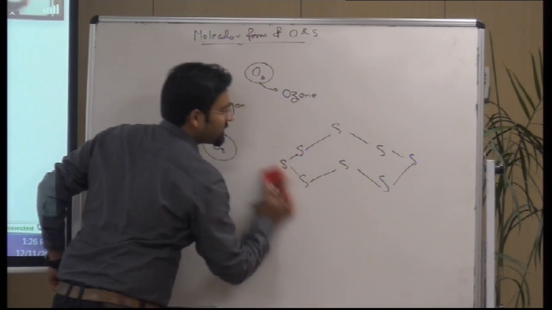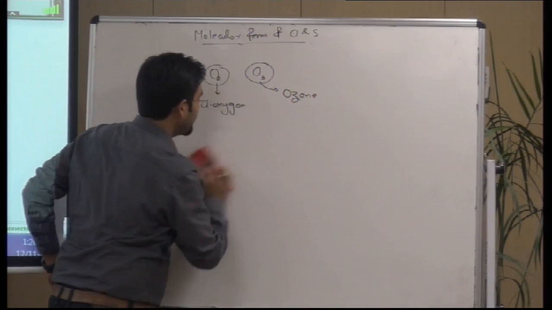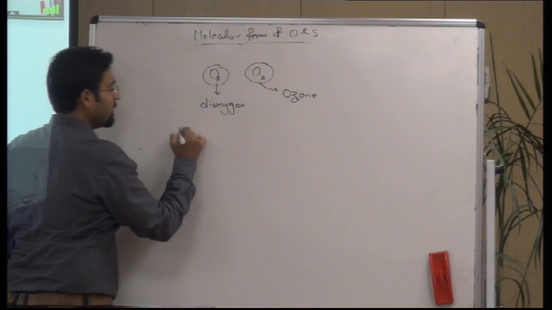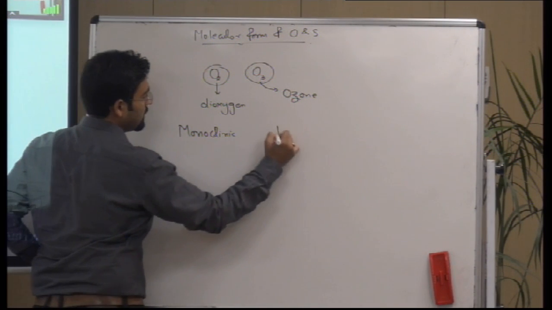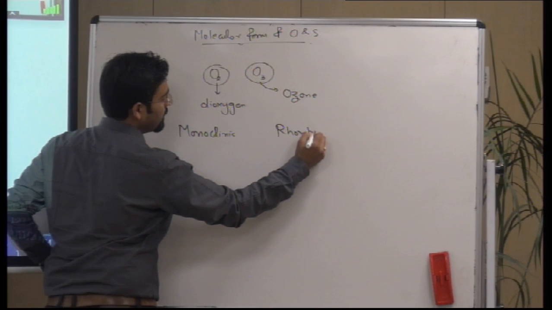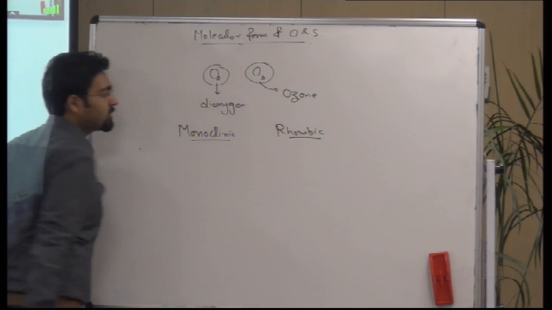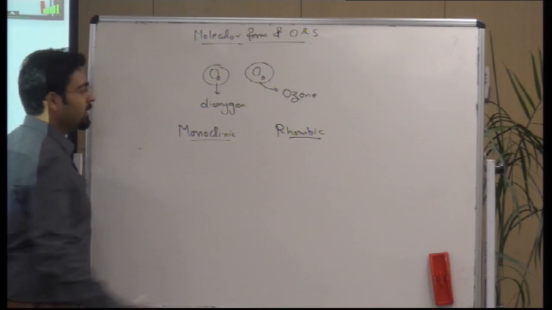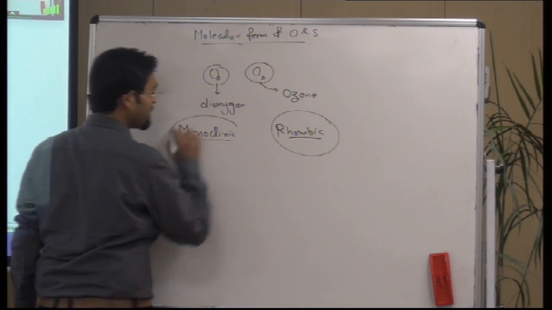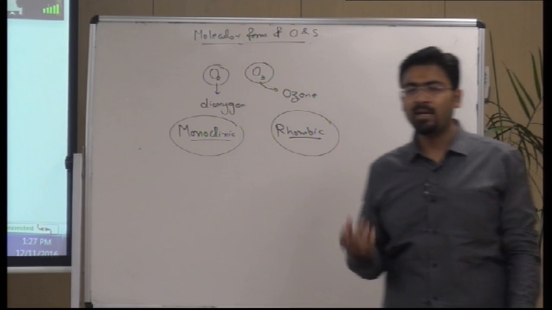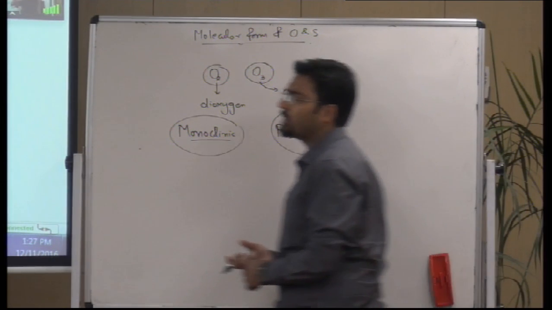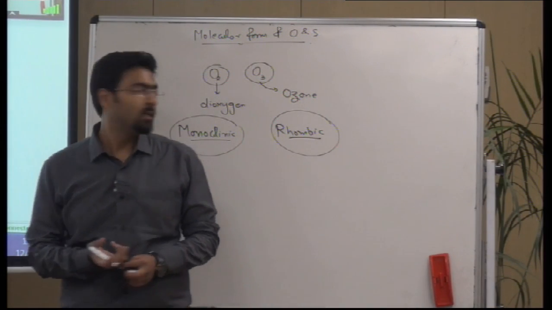Another is S6, which is in the chair form. Sulfur exists in monoclinic and rhombic forms, also called alpha form and beta form. So rhombic sulfur is primarily S8, and it's a pale yellowish solid, which melts at around 114.5 degrees Celsius.